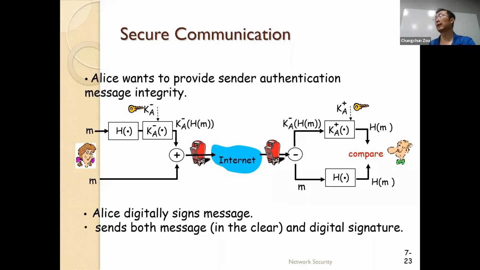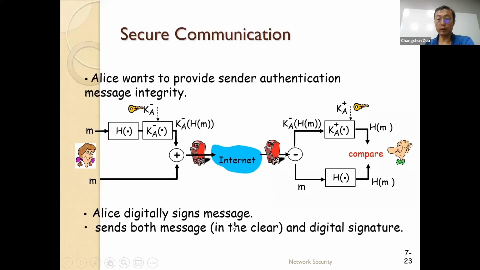If they are equal, then receiver Bob knows that M is really sent by Alice, and no one has modified the message M. So that proves the sender authentication. You know that this is really sent by Alice, not by some attacker impersonating Alice. And also the message integrity: the message you receive has not been modified by anyone. So that's this digital signature.